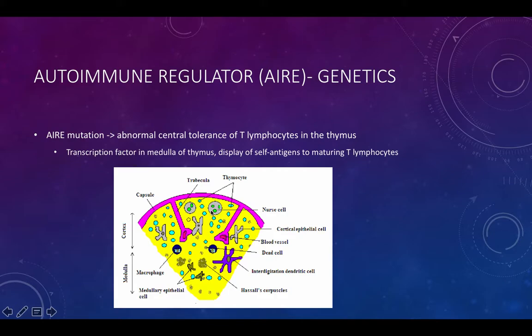So pretend you've got a T lymphocyte, it's moving down, and AIRE is helping to present self-antigens to these lymphocytes. Those T lymphocytes that are self-reactive undergo apoptosis, or they may go into the periphery, but they develop anergy. So that's why AIRE plays a very important role in autoimmune regulation, hence the name.